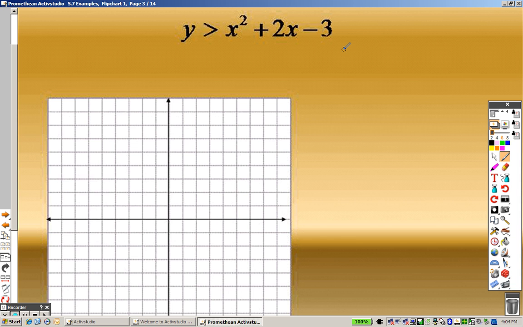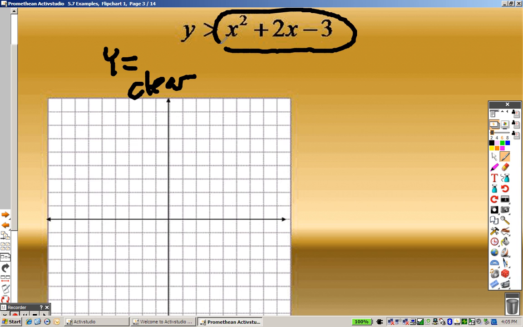So this is what I want you to do. On your graphing calculator, go to y equals. Press clear to clear everything out. Now just type in this stuff on your calculator.